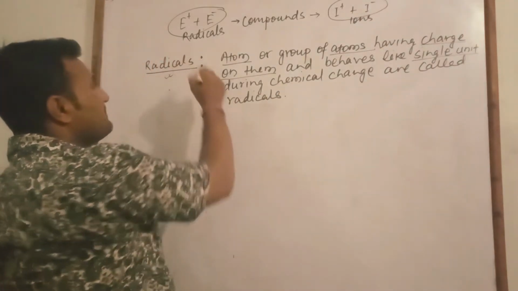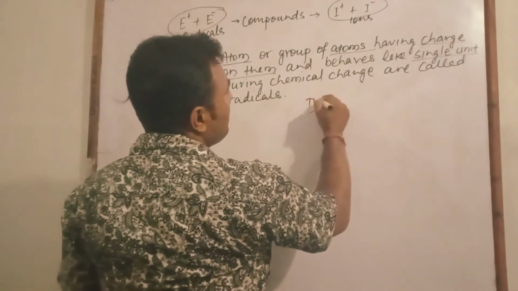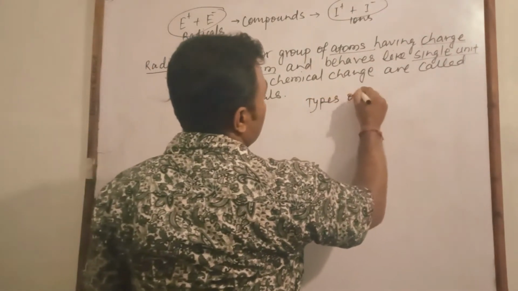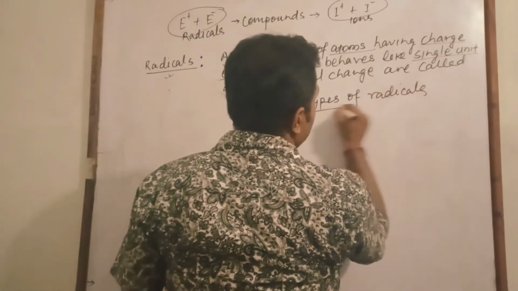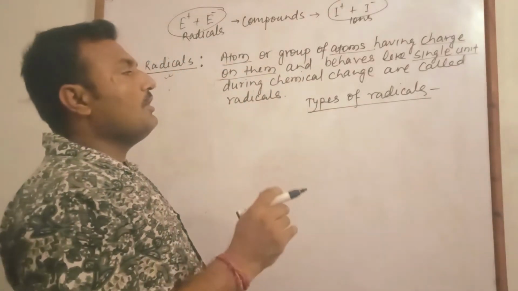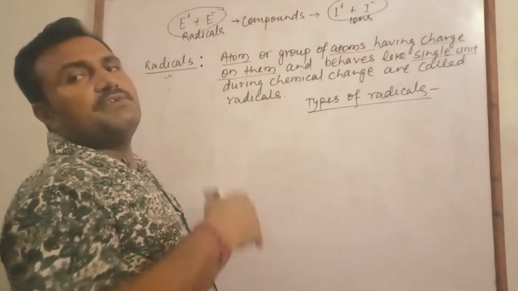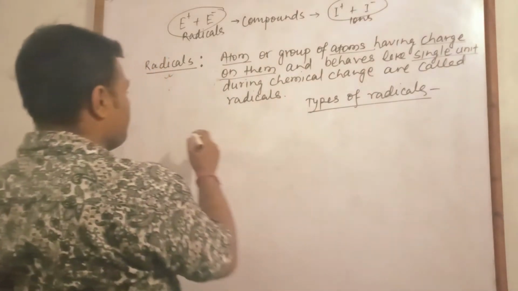Radicals are classified into mainly two groups, and here we describe the types of radicals. Radicals are classified into different types according to some basis.